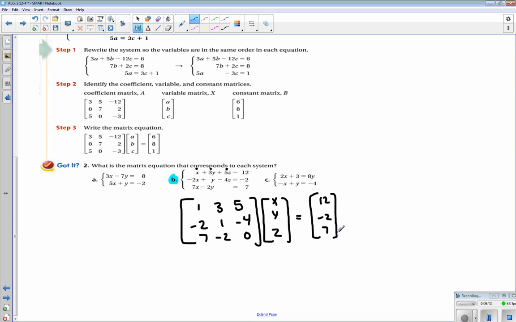All right, so I'm going to find the determinant of this, and in fact, I am going to use my graphing calculator to find the determinant.